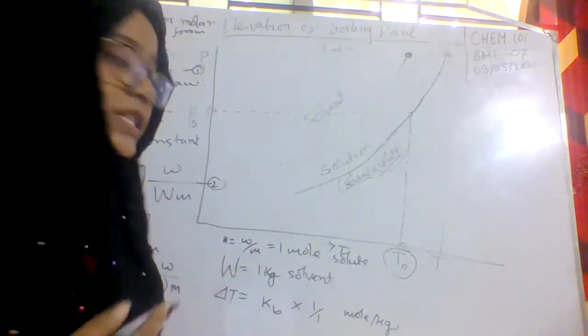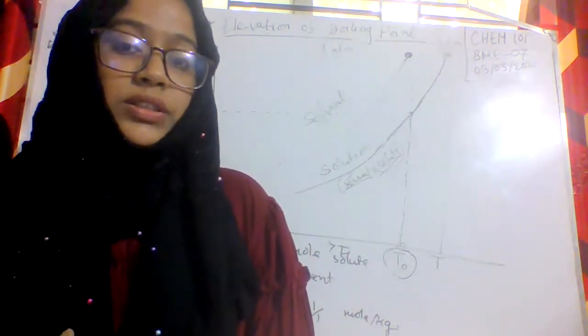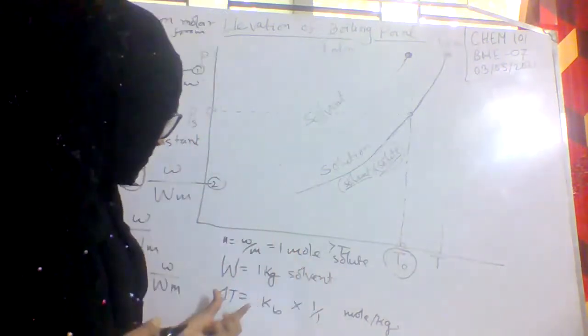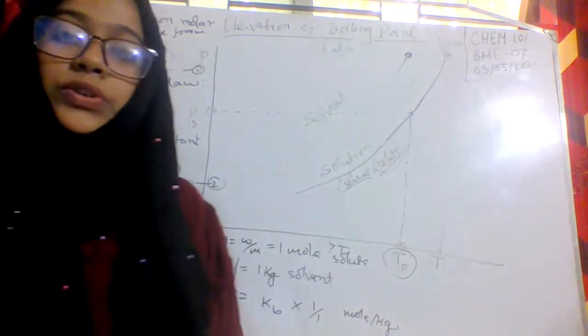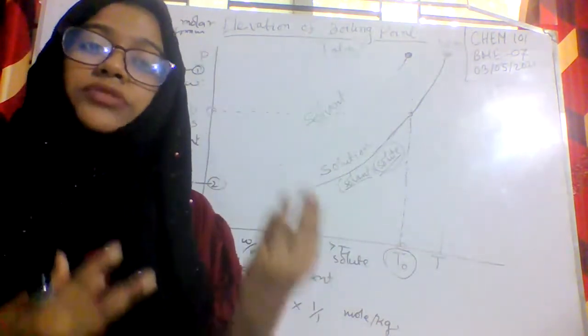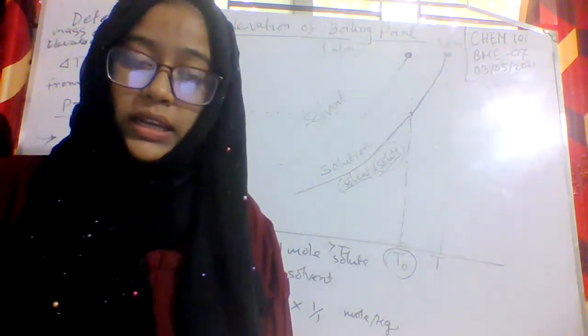So the molar elevation constant is defined as the boiling point elevation, that is delta T, produced when 1 mole of solute is dissolved in 1 kg of the solvent.